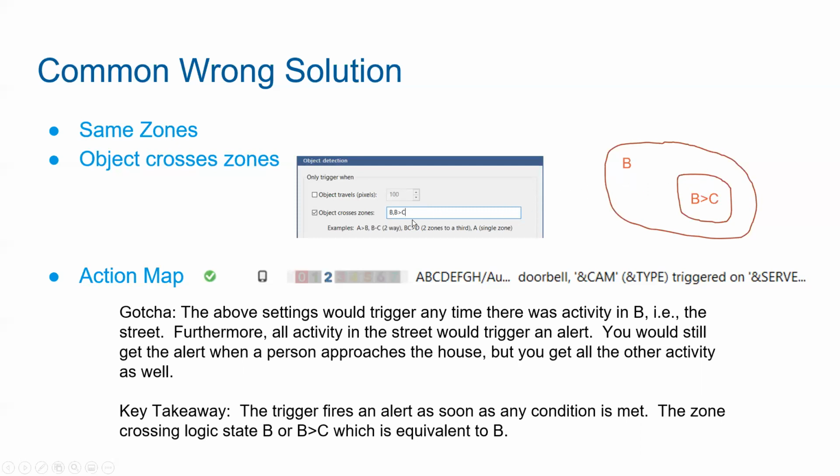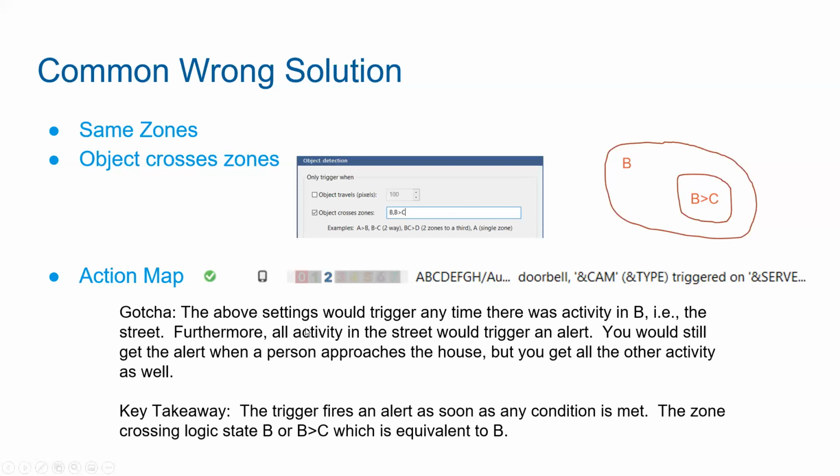As soon as this is an or, as soon as one of the conditions is met, it's going to fire. So the car that drives on the street that doesn't come in, it's going to fire then. And the car on the street that comes into your driveway is also going to fire at that time too. So you're getting all the activity. You're not getting just the subset. You're getting all of it. And that's important to understand.